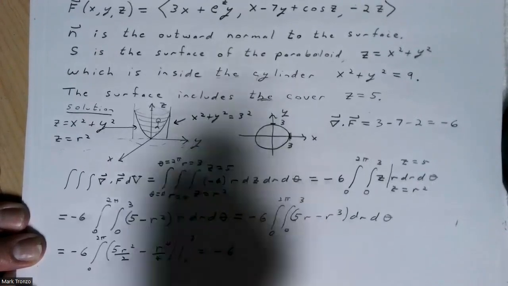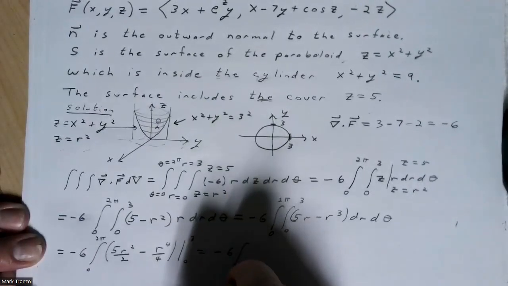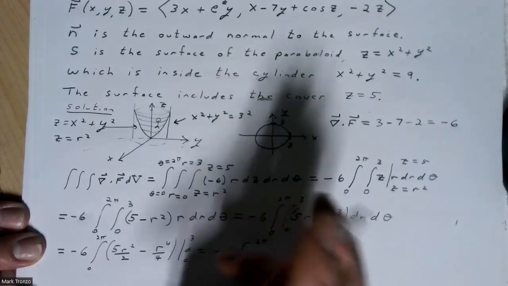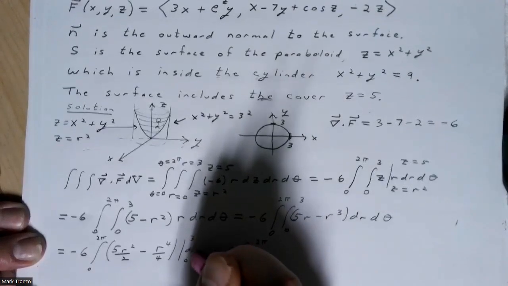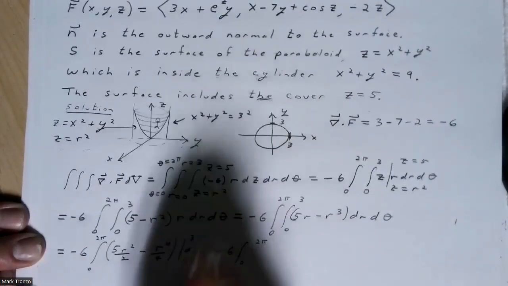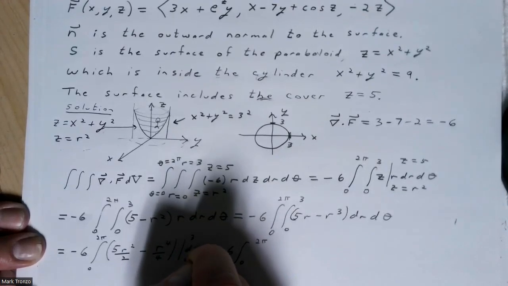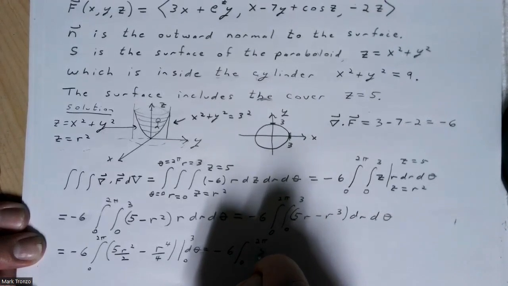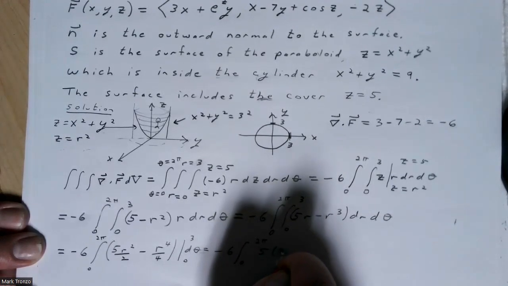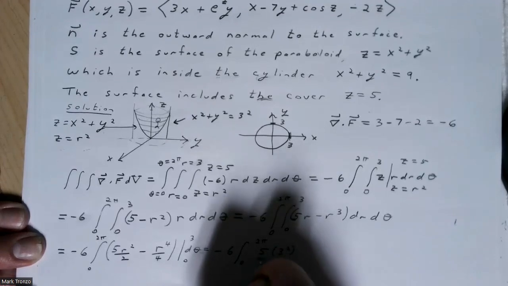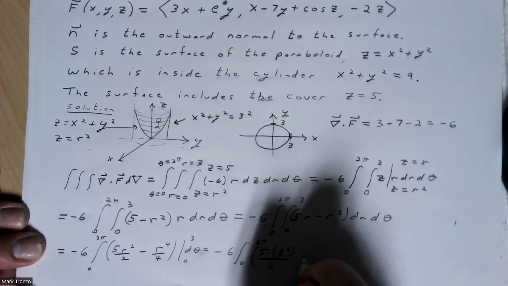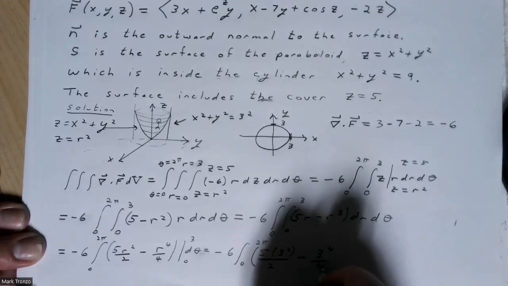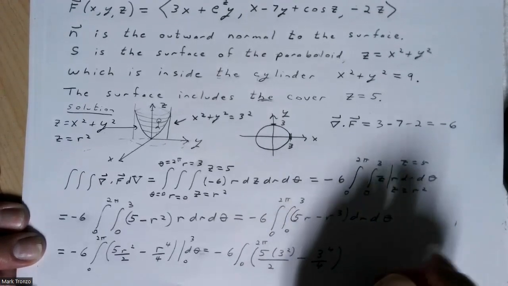So it'll be minus 6, d theta. So this would be 5 times 3 squared over 2 minus 3 to the 4th over 4.